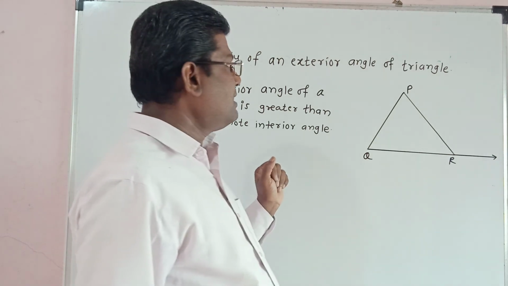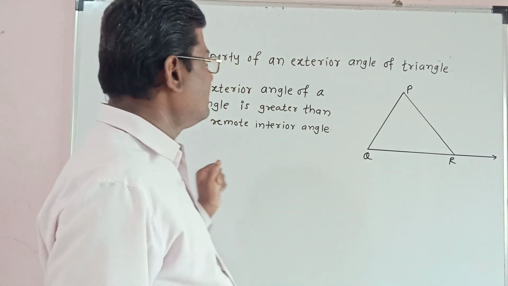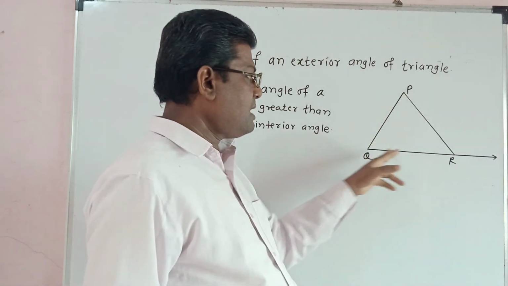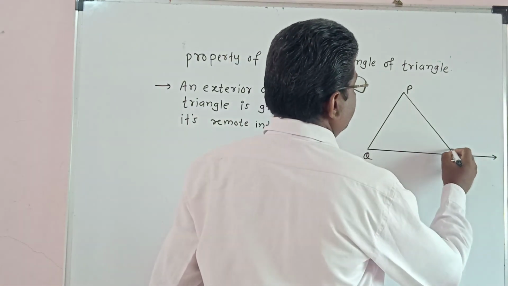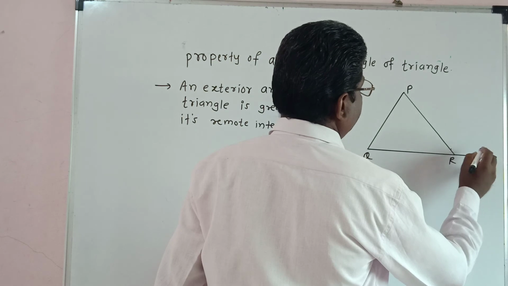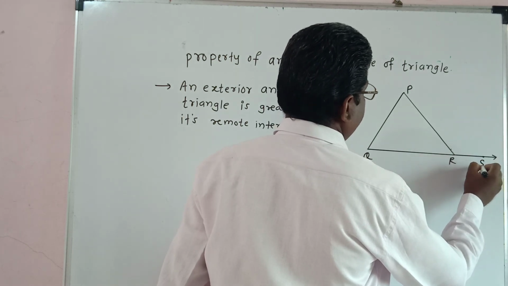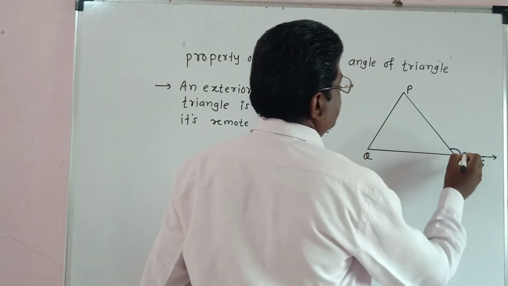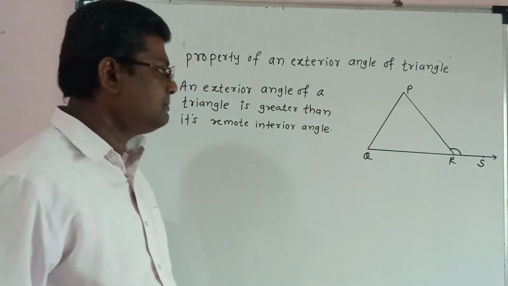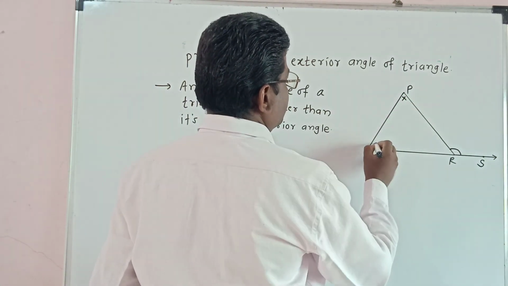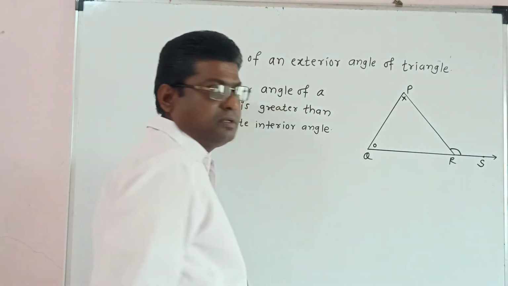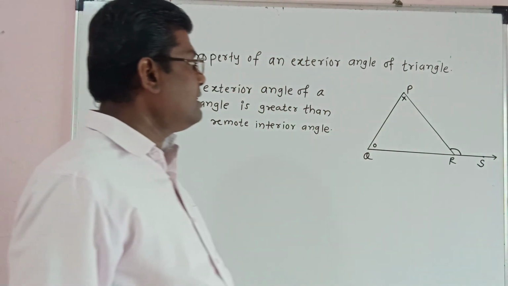Property of an exterior angle of a triangle. This is a triangle PQR. In this triangle, angle PRS is the exterior angle, and these two angles are called remote interior angles.